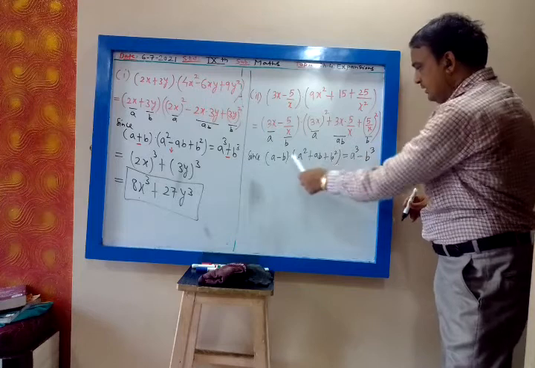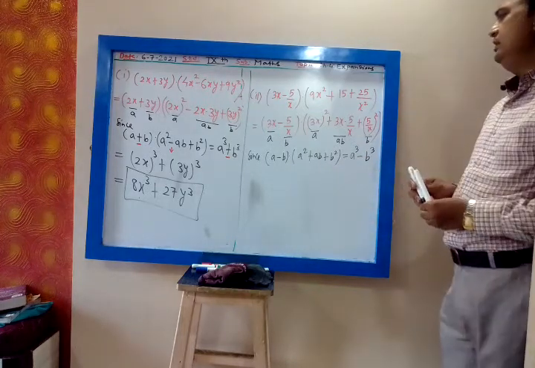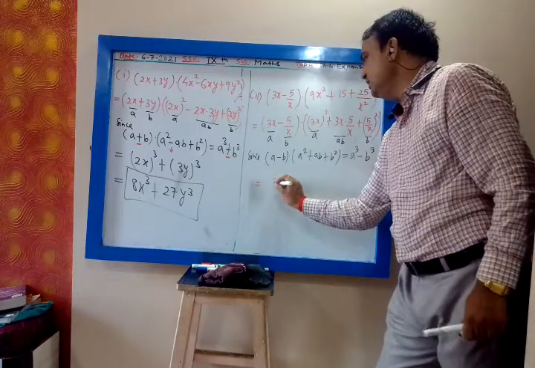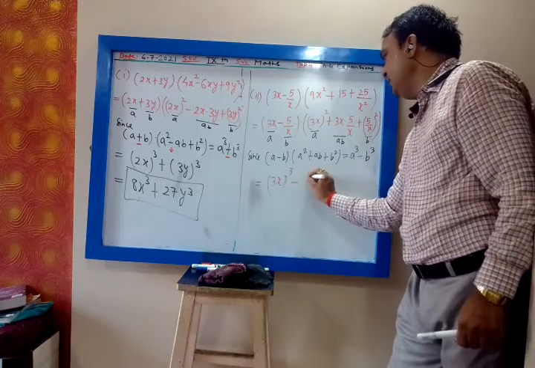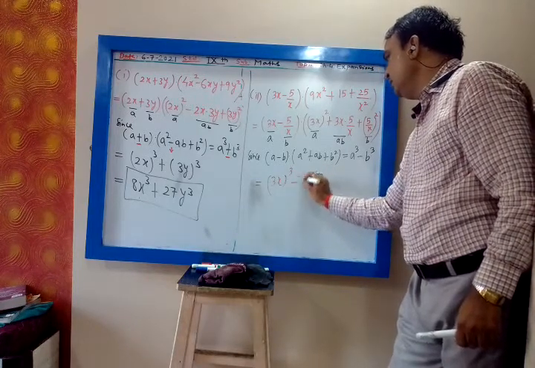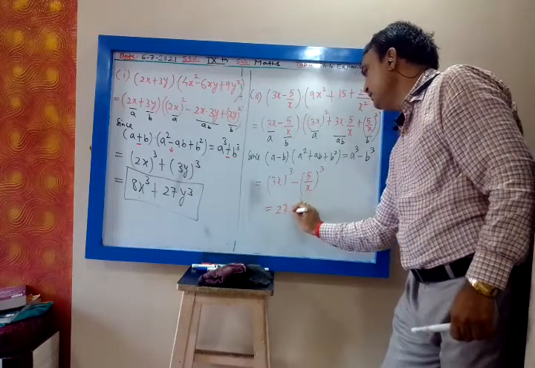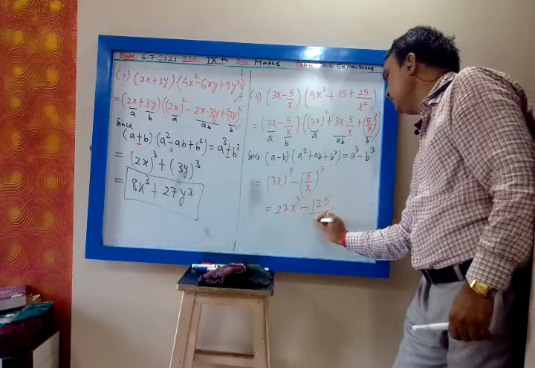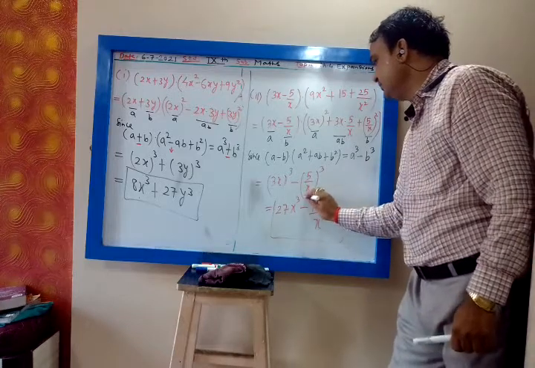If it is minus, it is minus, and in between we have plus. What is A? A is 3x. So (3x) cube minus (5 by x) whole cube. 3x cube is 27x cube minus 125 upon x cube, this is the answer.